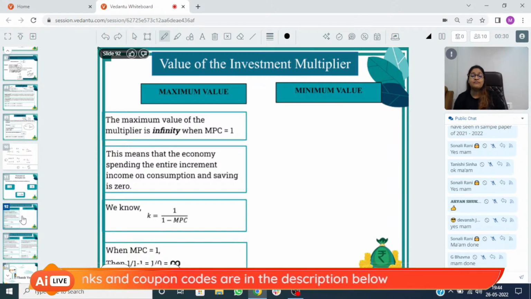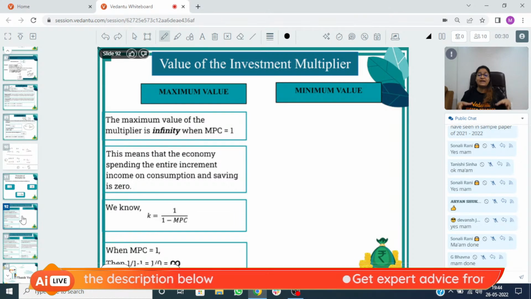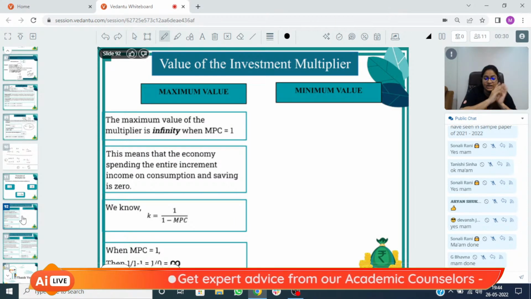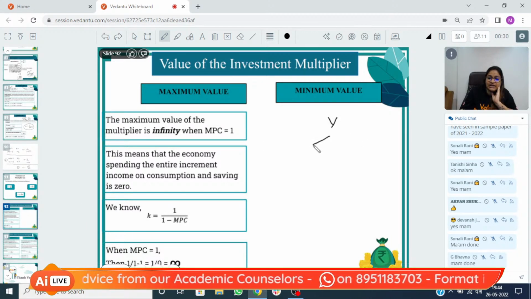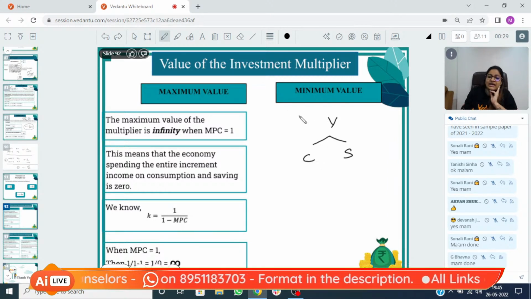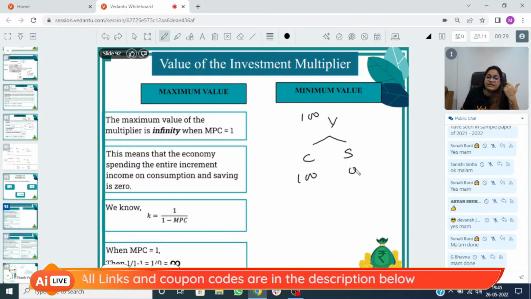When will the multiplier have maximum value? When people are spending the entire sum of additional income that they are getting. Matlab, earlier what we did, with every additional income, some part was consumed, some part was saved. Let us say people are getting 100 rupees as additional income. Entire 100 rupees is consumed, nothing is saved.